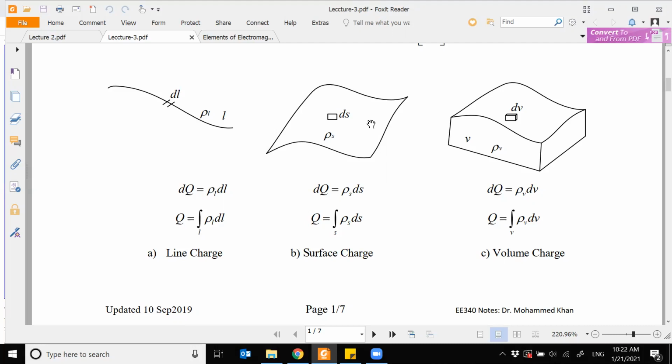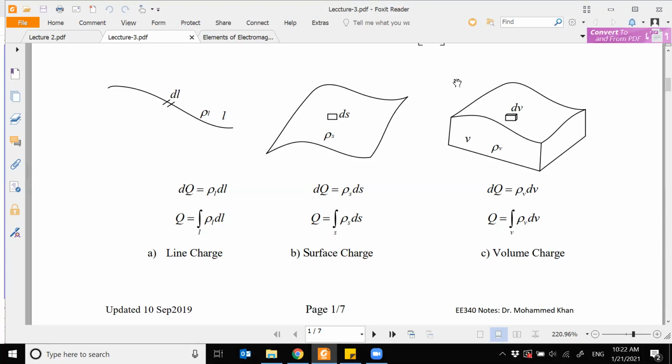Continuous. Volume. It's all three are continuous. They are all continuous charge distributions, right? But the line and the surface are special cases of volume, as your friend said. It's correct. These are special cases of volume distribution.